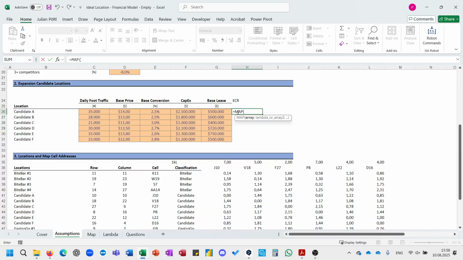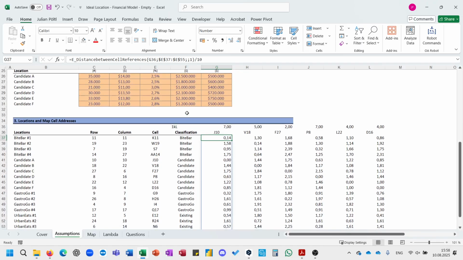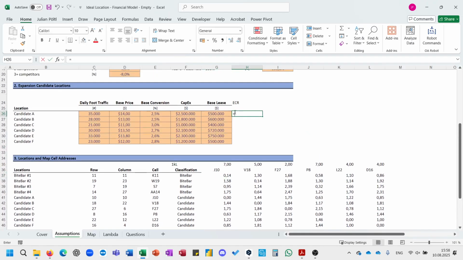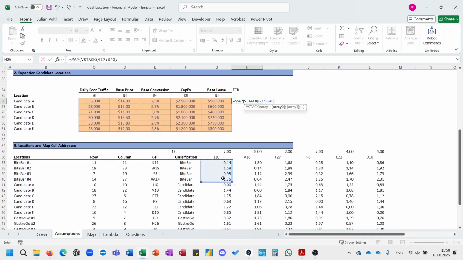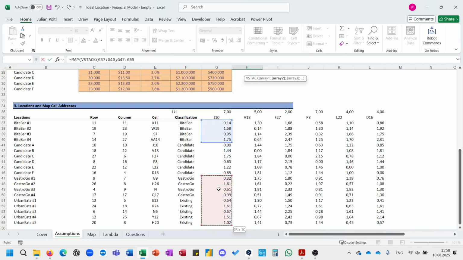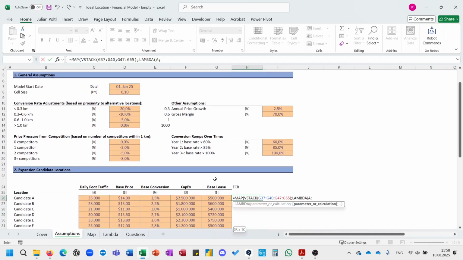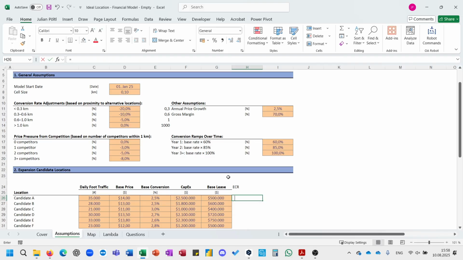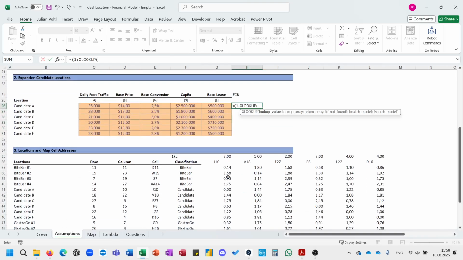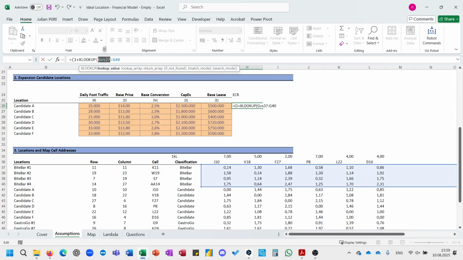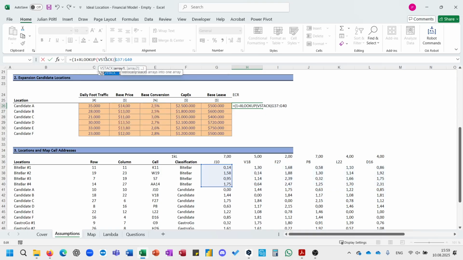So MAP, VSTACK, LAMBDA a, or we can also do 1 plus XLOOKUP. We do not need to VSTACK.